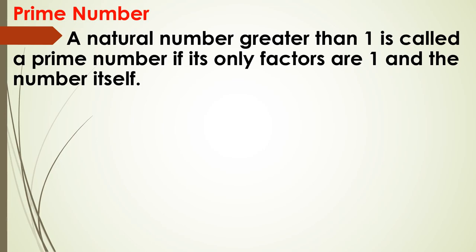Okay, see 5. What are the factors of 5? 1 and 5. Factors of 7? 1 and 7. Is there any other factor of 7? No. So these are those numbers which have only 2 factors, 1 and the number itself. Such numbers are called prime numbers.